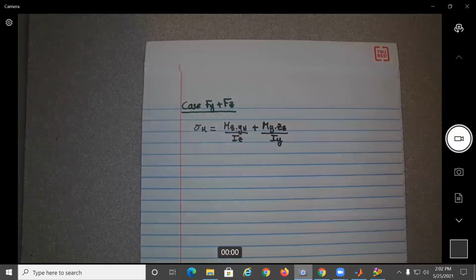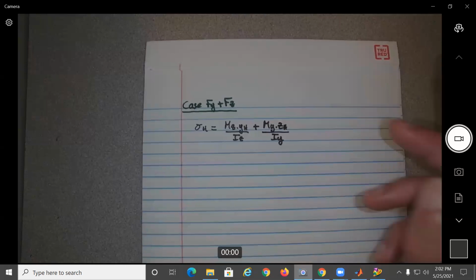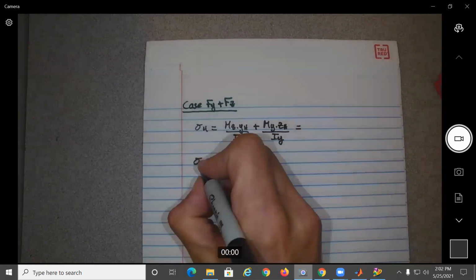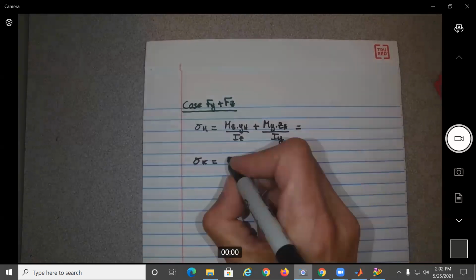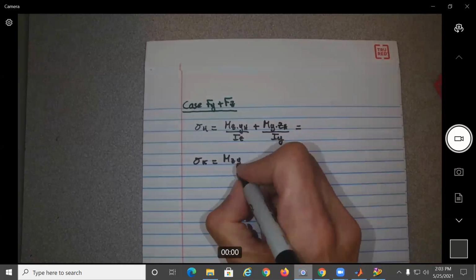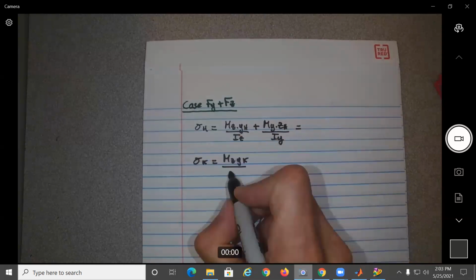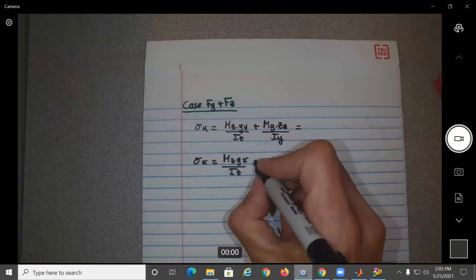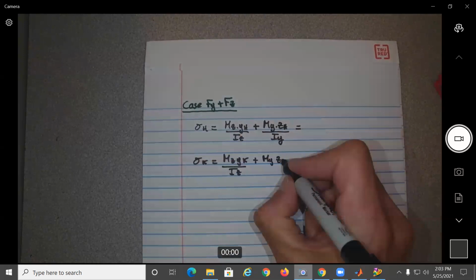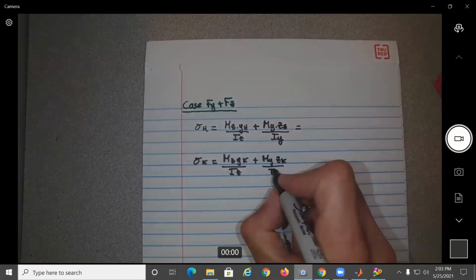So let me check if there's a change in sign. Both of them should be in compression for what we look at. So this will give you a value. And then sigma sub K will be exactly the same thing over here, but Mz, y of K, I of z, plus My, z of K, I of y.